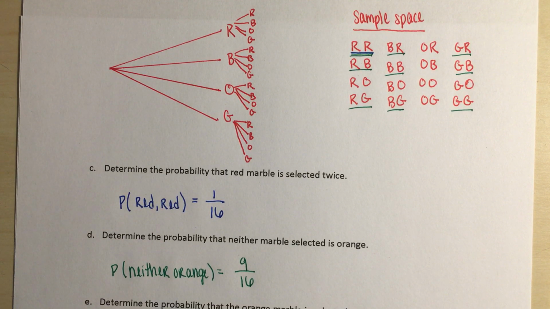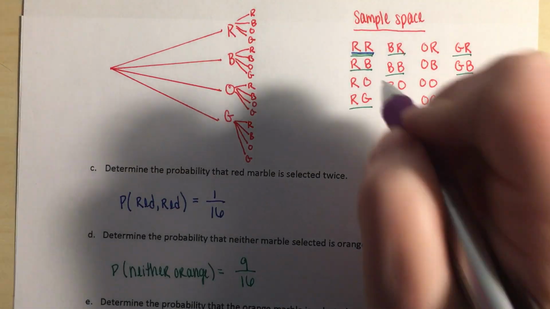For E, determine the probability that the orange marble is selected at least once. So that means it could be selected once or it could be selected twice. Instead of underlining these, in this case, I'm just going to put little dots by these.